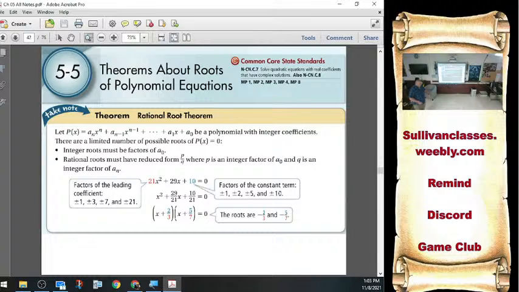Here's the deal. We're about to start solving polynomials that are big. We're going to start doing cubic, quartic, quintic, and probably more. Most of them are going to be in the quartic, quintic area. If I have a polynomial this big, and I can show that something is a 0 of that polynomial by synthetic division, how do I know what numbers to choose?